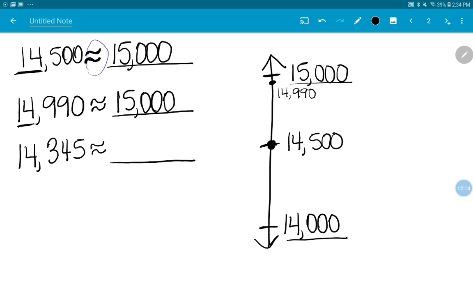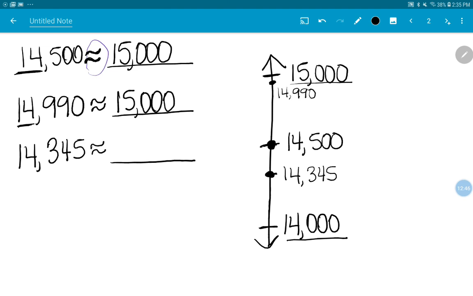So if I were going up my number line, remember the distance in between 14,000 and 14,500 is how much? It's 500, right? Okay, so if I'm going to go up 345, I'm going to be about right here. 14,345 would be about right there.